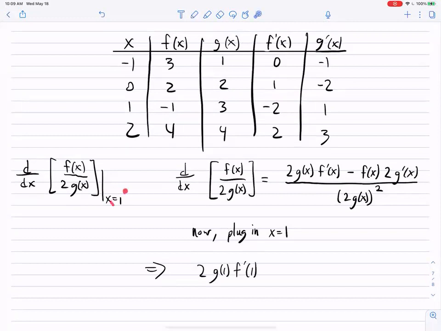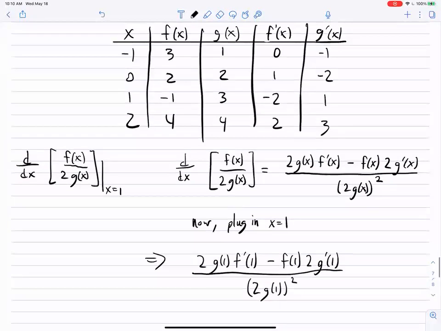The reason I plug in x equals 1 is because it says evaluate at x equals 1 right there, by the way, minus f of 1 times 2g prime of 1 all over, maybe I'll just leave it like this, 2g of 1 squared.